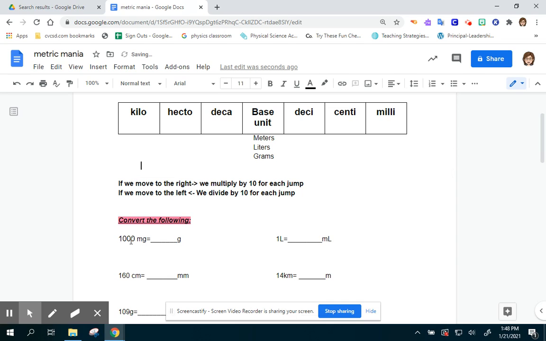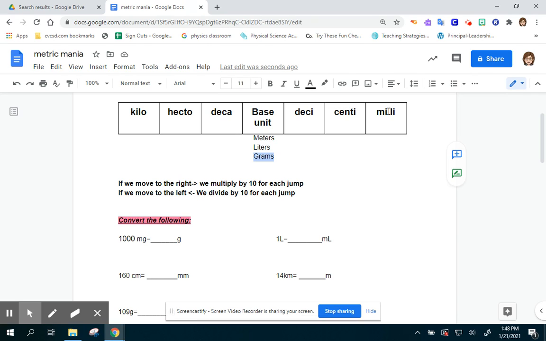We need to convert 1,000 milligrams to grams. So I am going from milligrams to grams. I'm using the grams here this time. Okay, so I'm going to go milligrams, which is right here, back to grams. Now, grams without a prefix is this base unit.